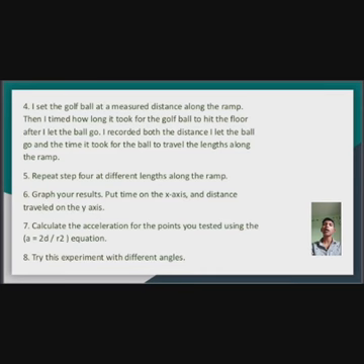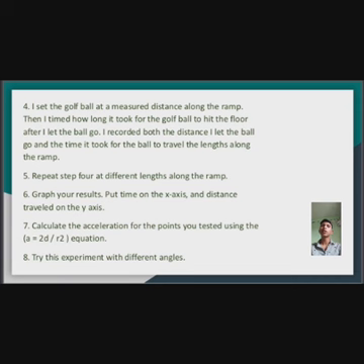After I let the ball go, I recorded both the distance I let the ball go from and the time it took for the ball to travel the length along the ramp. Fifth, repeat step 4 at different lengths along the ramp.